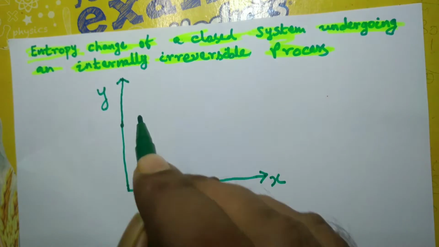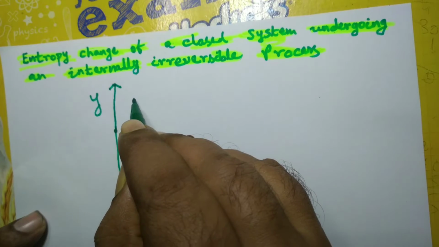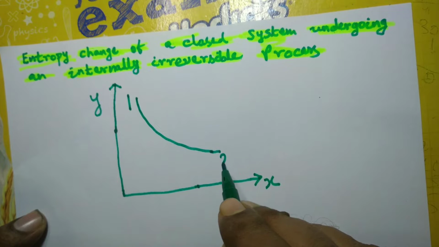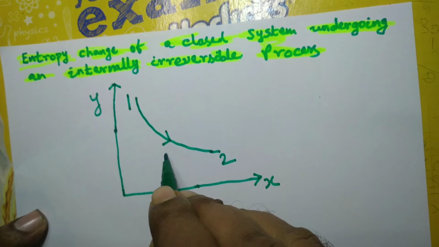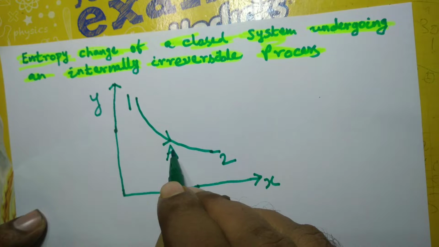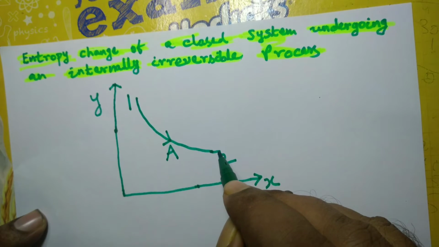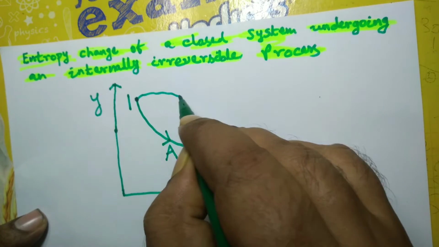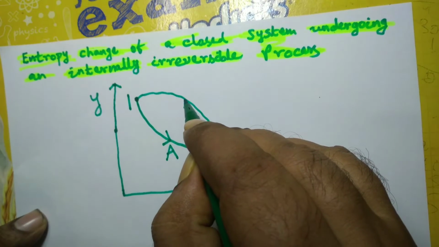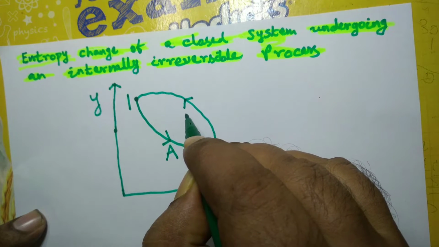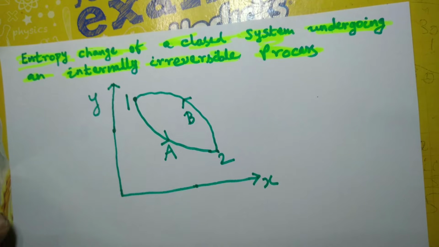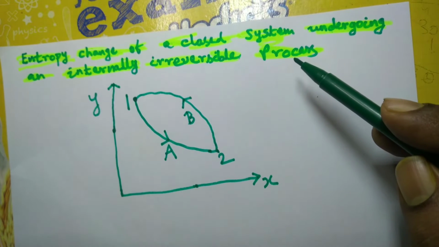Suppose a system travels from state 1 to state 2 following an internally reversible path A, and then it comes back from state 2 to state 1 following another internally reversible path B. And this is of course a closed system. So we are now going to calculate the entropy change of a closed system.